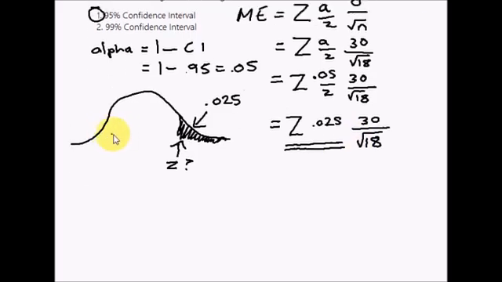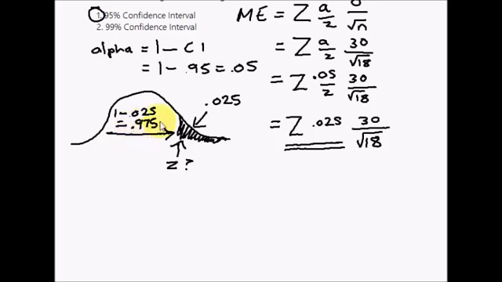Well, the z-table I'm going to use gives us values up to this z. So I actually want to look up this area in the z-table. Area under the curve is 1. So if my tail is 0.025, then this area must be 1 minus 0.025 equals 0.975.